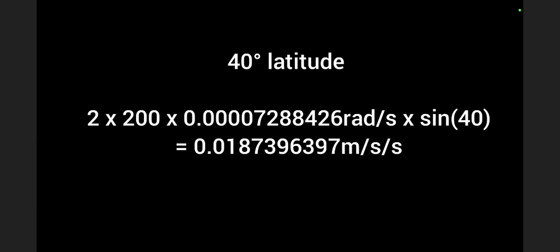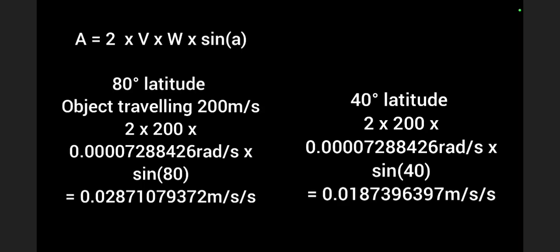Acceleration at 40 degree latitude for the same object travelling the same speed is 2 times 200 times the angular velocity of Earth times sine 40, which equals 0.0187396397 meters per second squared. So as you can see, for an object travelling 200 meters per second at 80 degree latitude, the acceleration is 0.02 meters per second squared. For an object travelling at 200 meters per second at a 40 degree latitude, the acceleration is 0.01 meters per second squared. As you get closer to the equator, the acceleration decreases.